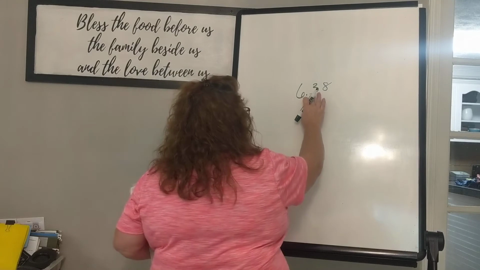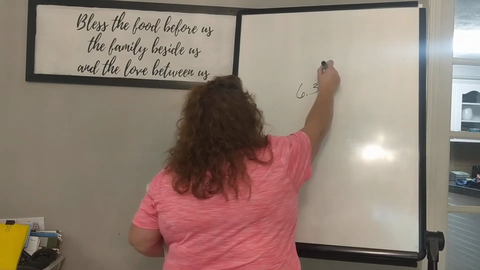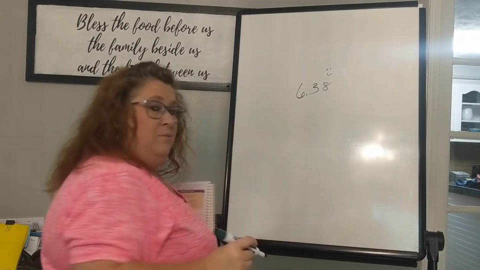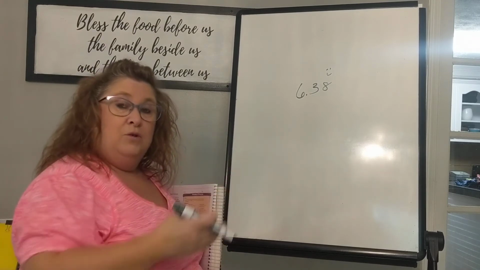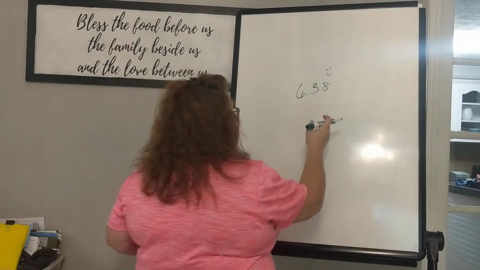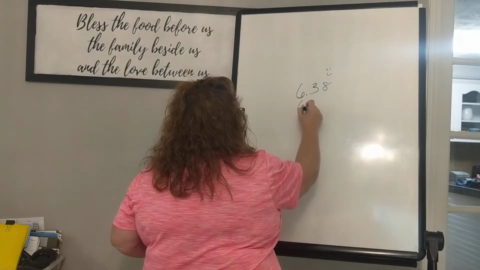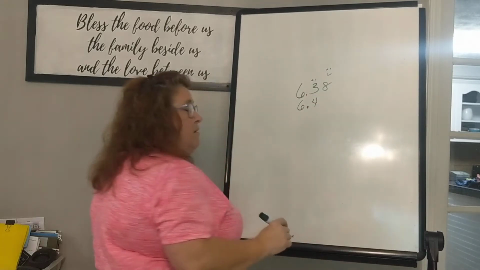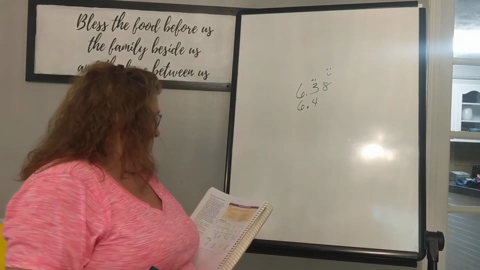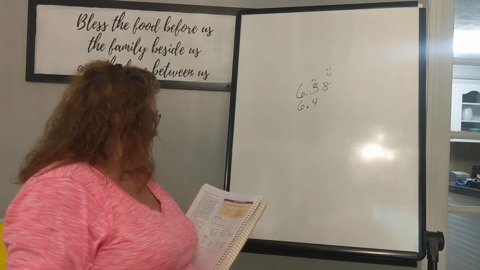So we're rounding to the nearest tenth, so our looker digit will be the 8. Now remember, any digit that's 5 or above, we're going to add 1 to our digit we're rounding to. So rounding to the nearest tenth, our answer would be 6 point plus 1, 6.4.